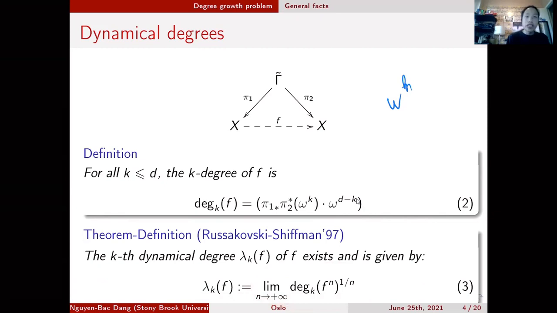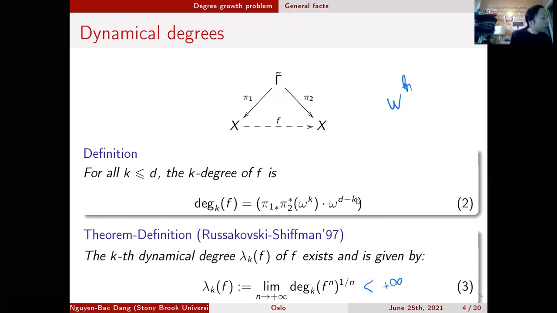For each k between 0 and the dimension d, you iterate F^n, and then you look at the degree k of F^n to the power 1 over n. And it gives you a number, a dynamical invariant that is called the k-th dynamical degree of F. So for each k, you get one of those numbers. It is a finite number.